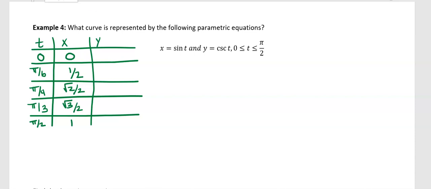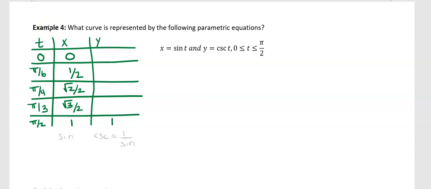Now, just as a little hint, remember that the sine function is our first one here, and cosecant is not the inverse, but the flip, the reciprocal of our sine. So all we have to do for our y's here is to essentially flip them upside down. Starting at pi over 2, the flip of 1 is just 1.